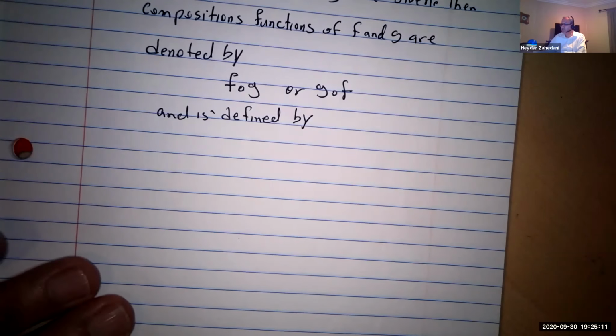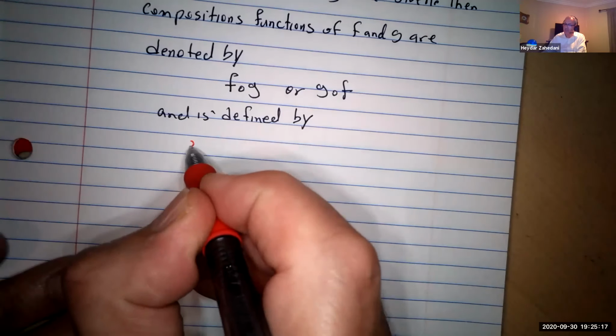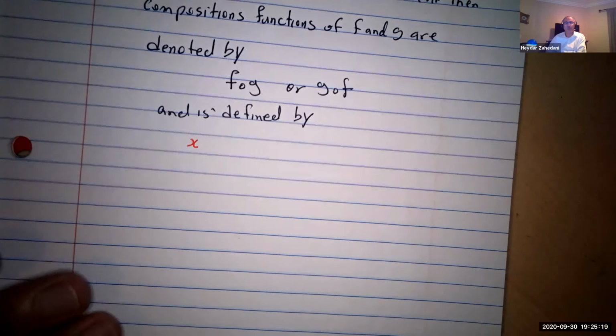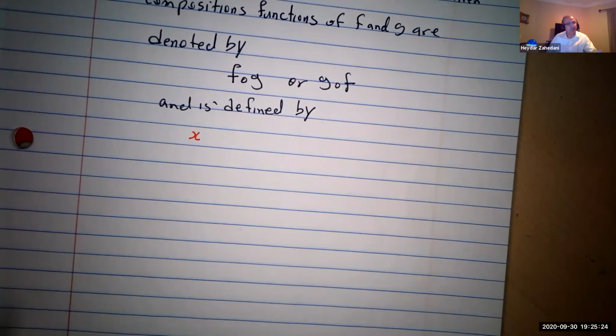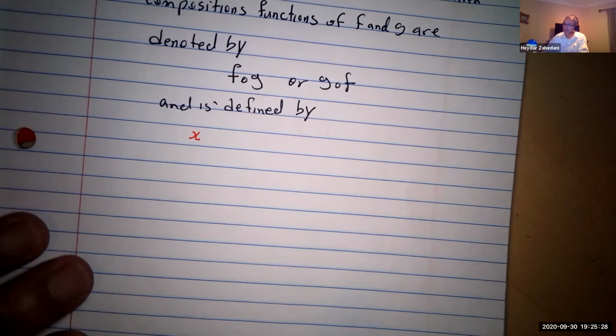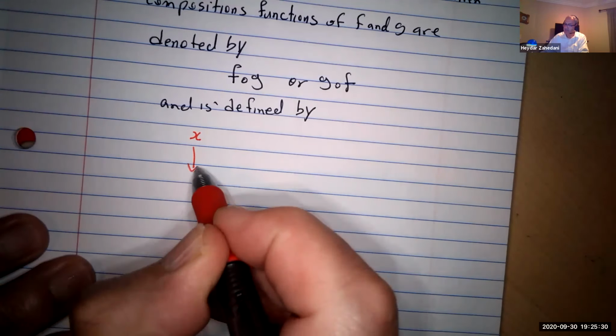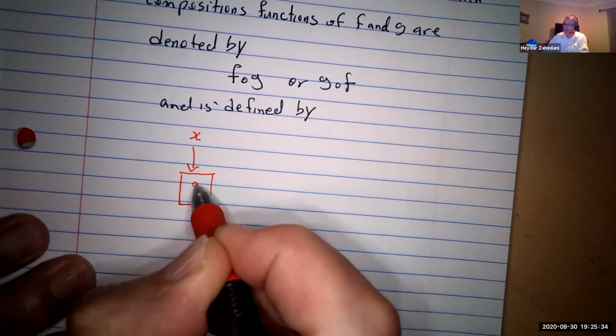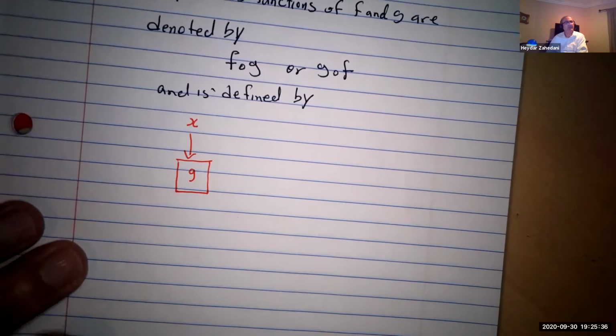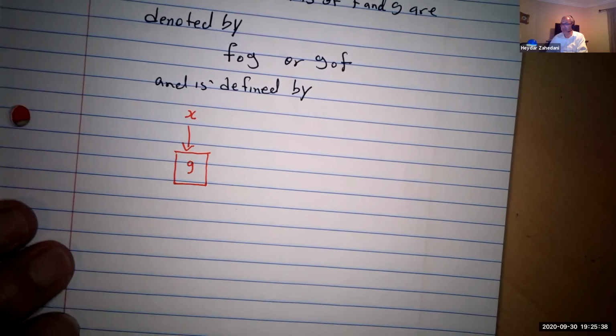You see, this is two actions. Look at this one. This is the input, x. You drop it into the first function. The first function is g. You apply for a job, remember.